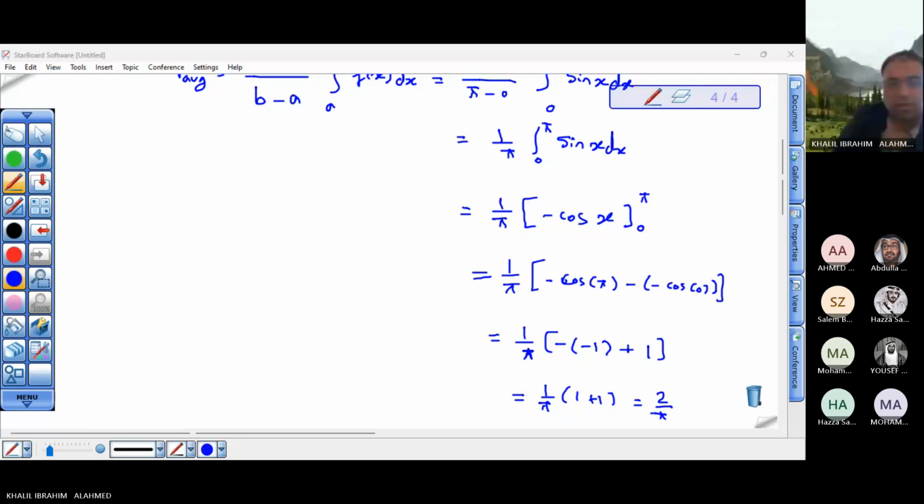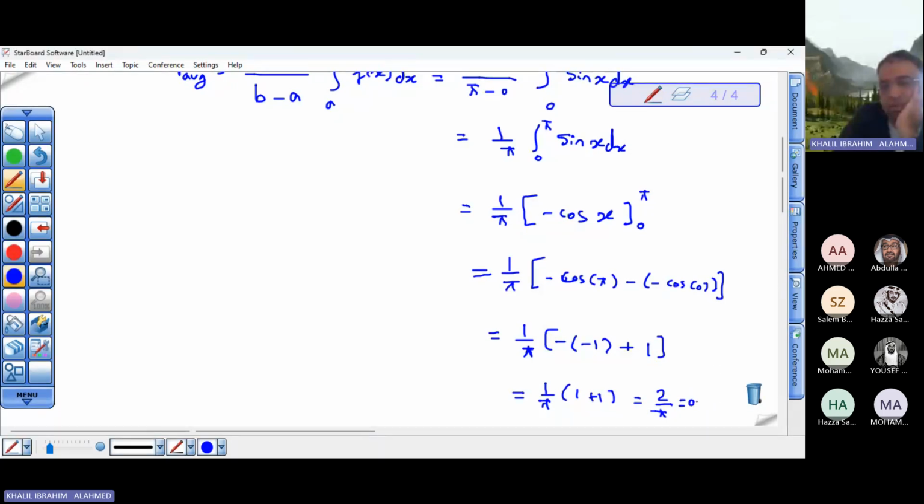The answer should be 0.63. The same answer if you divide 2 over pi, which equals 0.63. The same answer, yes. Isn't our work right?